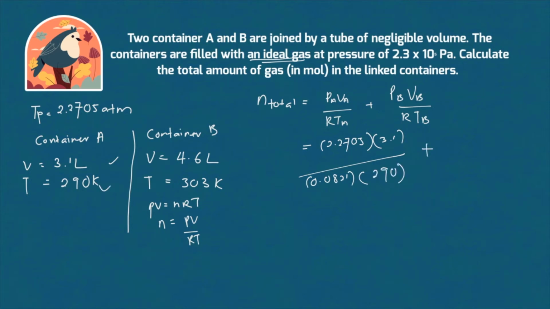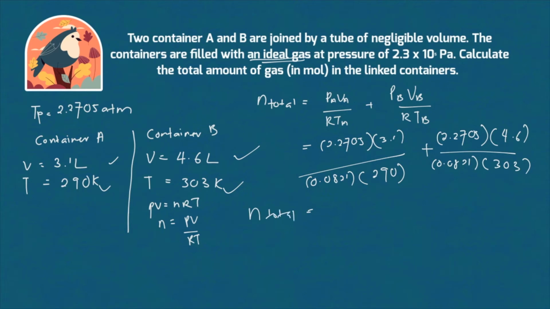So plus, the pressure is the same, 2.2705. The volume is 4.6. The gas constant is the same, 0.0821, and your temperature is 303. Therefore, you will get your N total equivalent to 0.7154 mole. So this is the final answer for the second question.